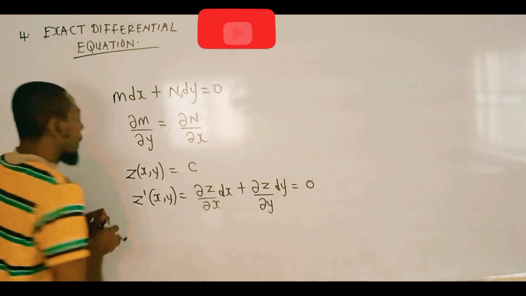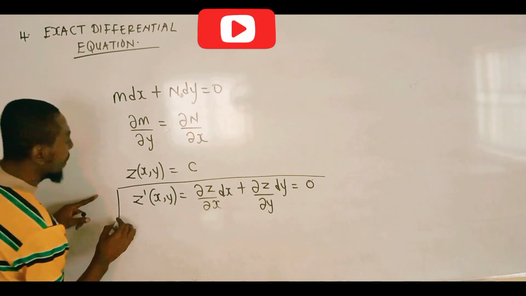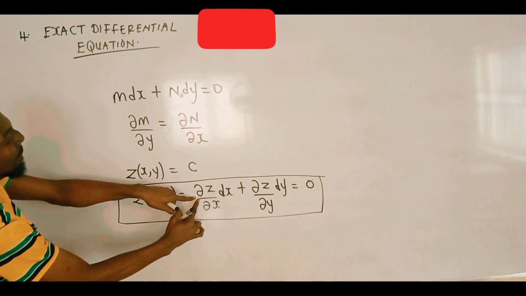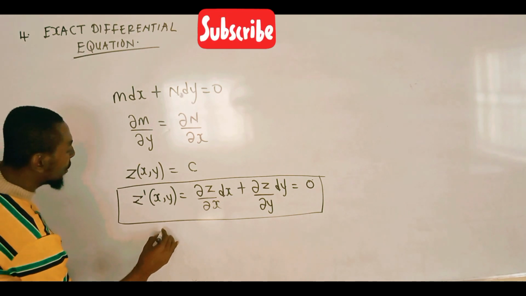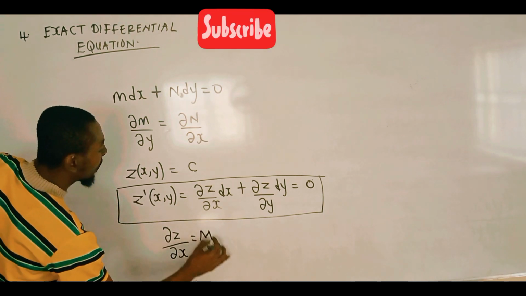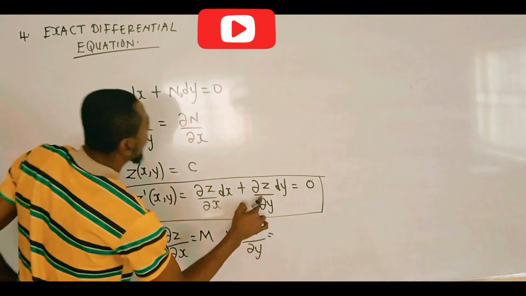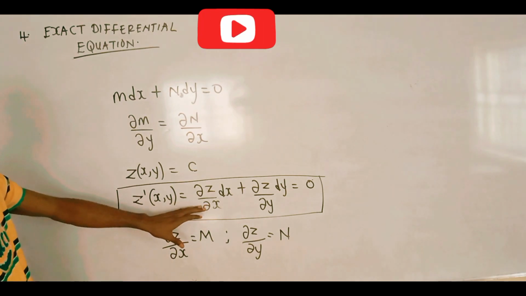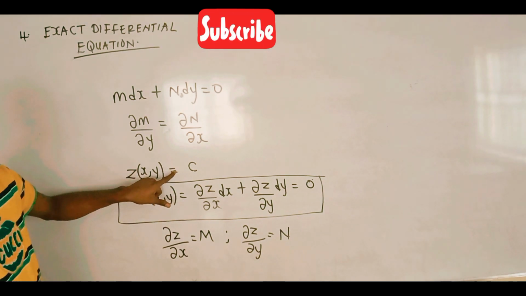From here now, comparing this particular equation with this, you find out that the partial differentiation of z with respect to x corresponds to M, and the partial differentiation of z with respect to y corresponds to N. So I was able to use this formula now as an equation formed from this implicit function.